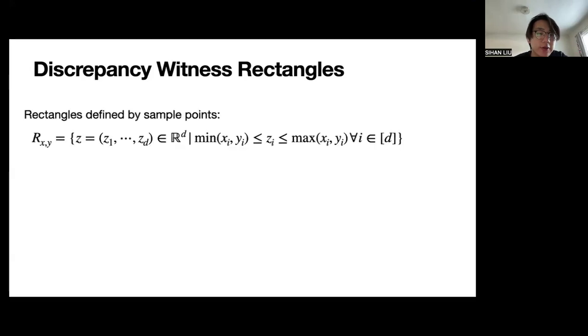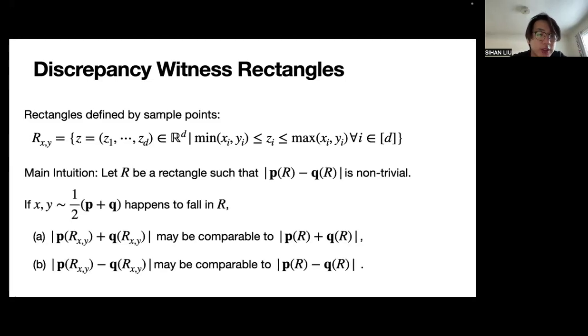Therefore, it is necessary for us to consider rectangles defined by the sample. In particular, given two sample points, we consider the rectangles made up of all points whose coordinates are sandwiched between the coordinates of the given points.